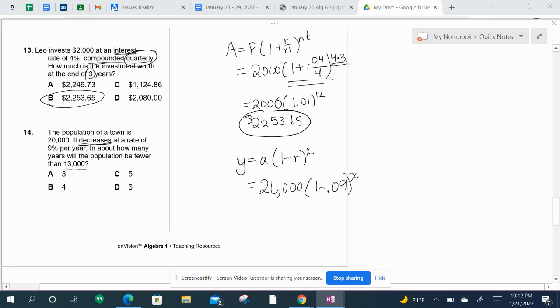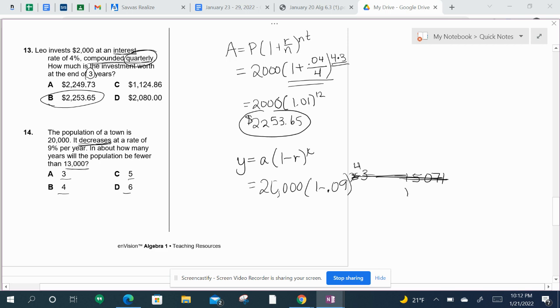Well, because this is a multiple choice, I know the 3 or 4 problems that I'm going to try. So I'm going to start by replacing that X with a 3, plugging that into my calculator, and I get 15071. That's not less than 13,000, so it must not be 3. So now I'll try 4 years.